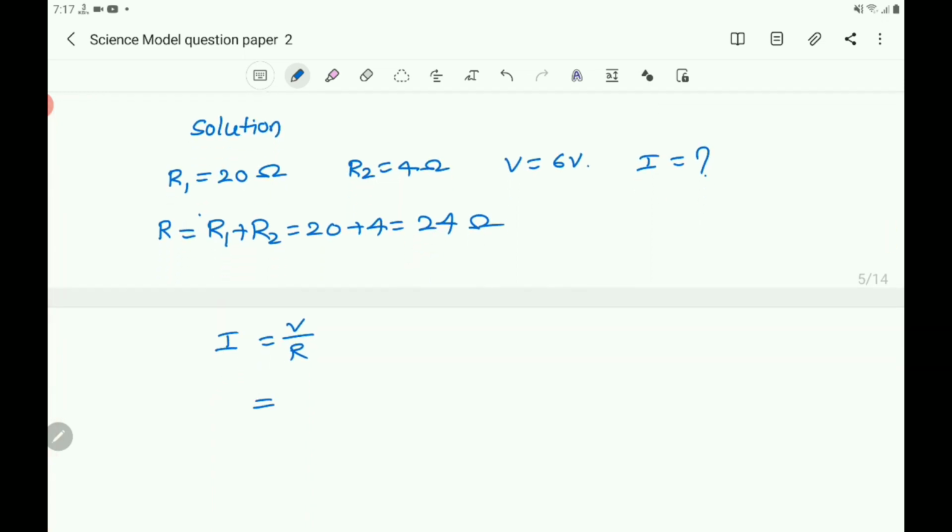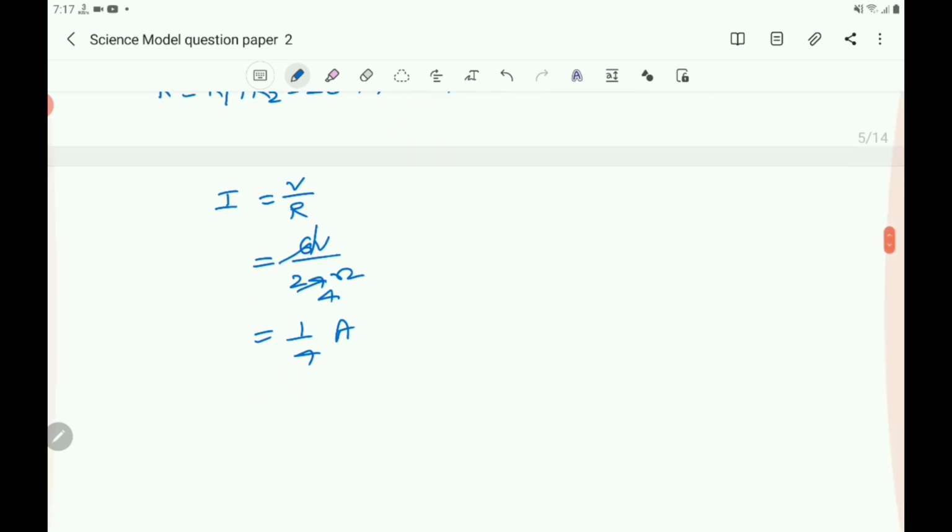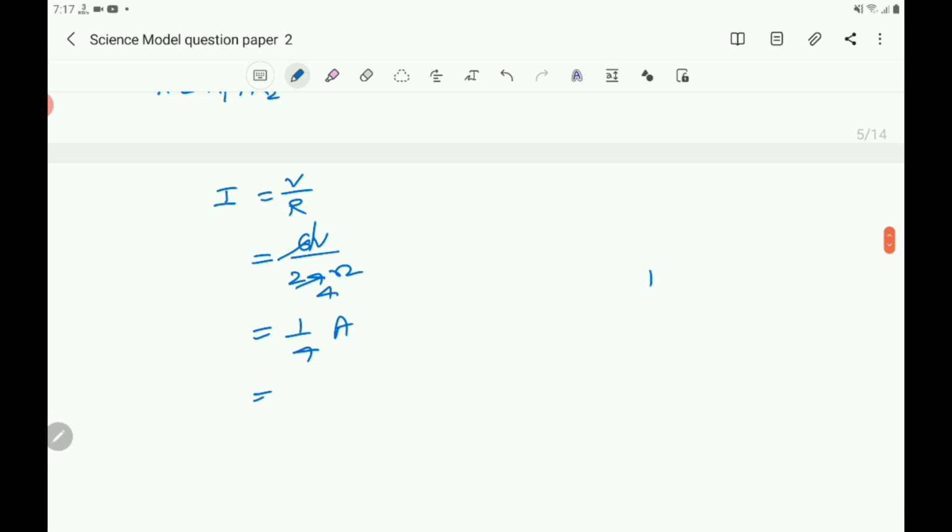What is V? V is 6 volt. R is 24 ohm. 6 ones are 6, 6 fours are 24, so it is 1 by 4 amps. That equals 1 divided by 4, which gives 0.25 amps.